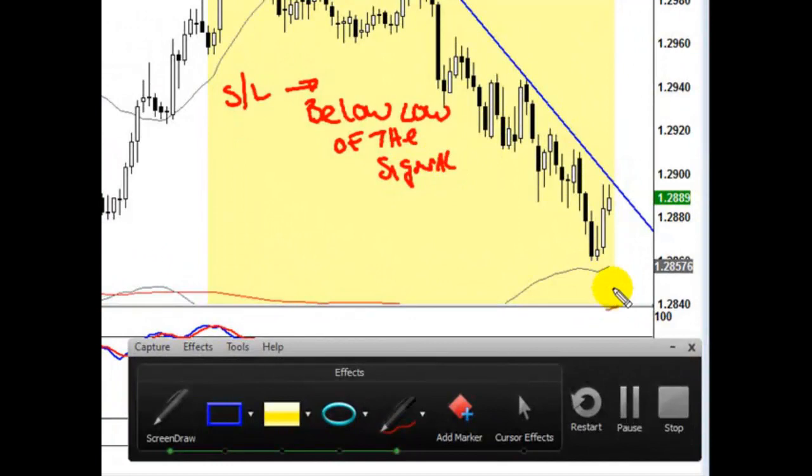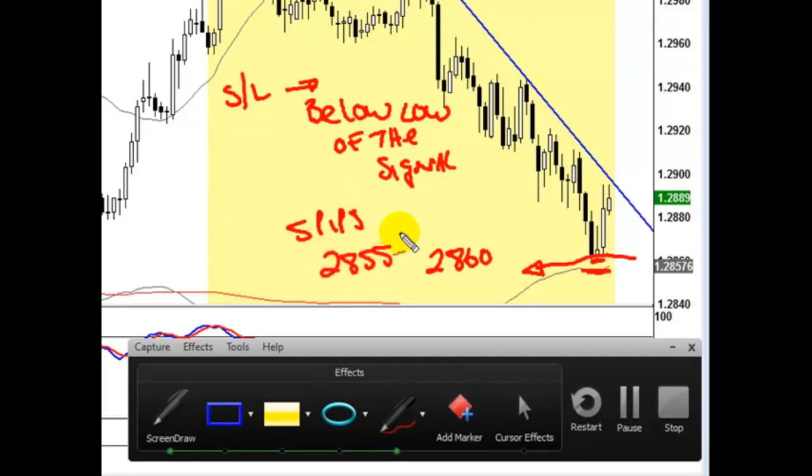Now, the low of this signal is obviously over here, and that price is right there, 28.60. And as a rule, I like to place my stop loss 5 pips on the other side. So I need my stop to be at 28.55 if I take a trade entry.